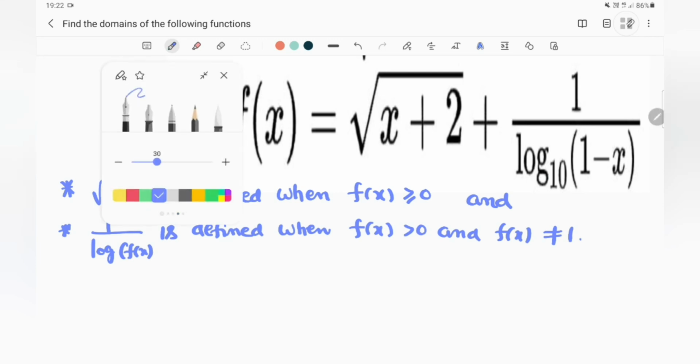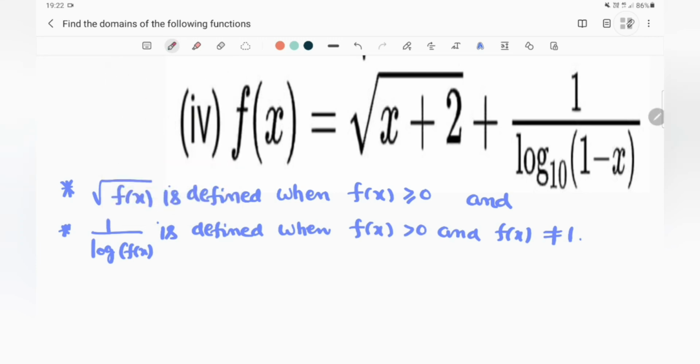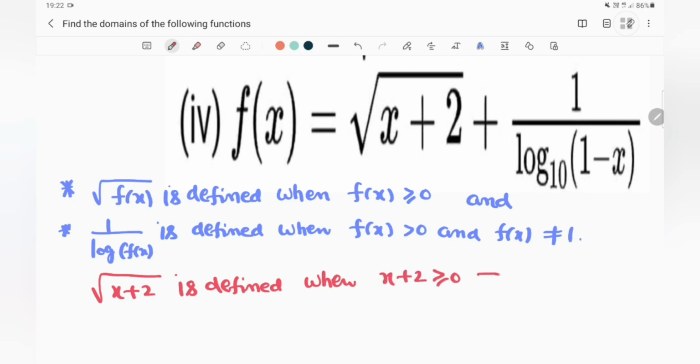Now, come to the question. In this, first root f of x, root x plus 2 is there. Root x plus 2 is defined when x plus 2 is greater than or equal to 0. That implies x is greater than or equal to minus 2.